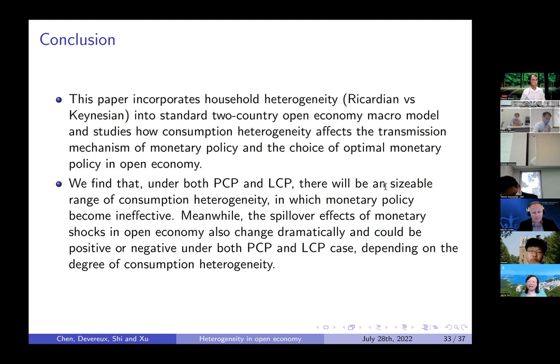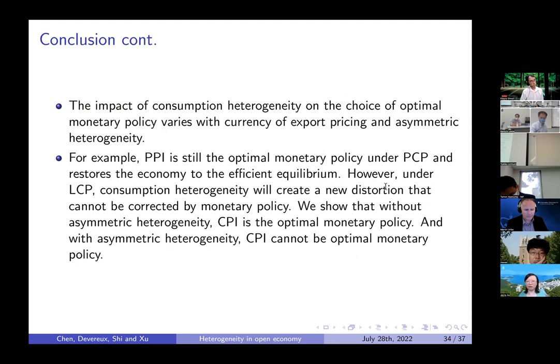The basic finding is that heterogeneity matters. It matters for spillover, for the monetary policy effect in the domestic economy, and for the optimal monetary policy. There will be a sizable range of consumption heterogeneity in which monetary policy becomes ineffective. Also, the spillover depends on the consumption heterogeneity, and the optimal monetary policy is affected.